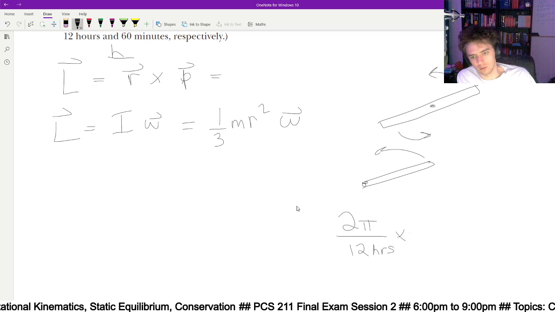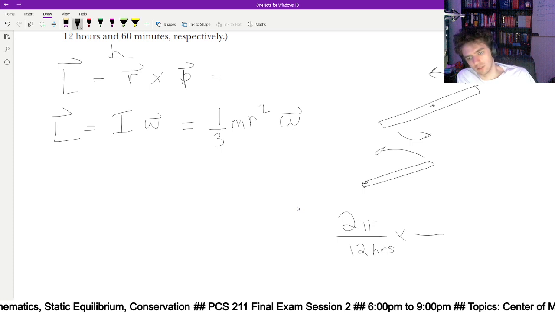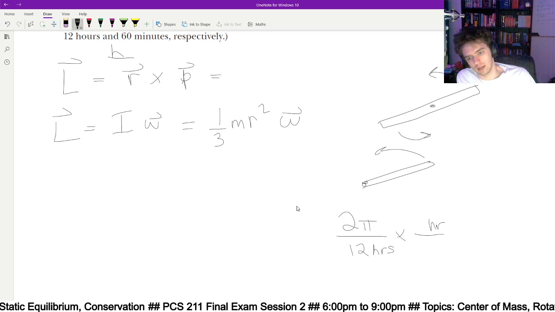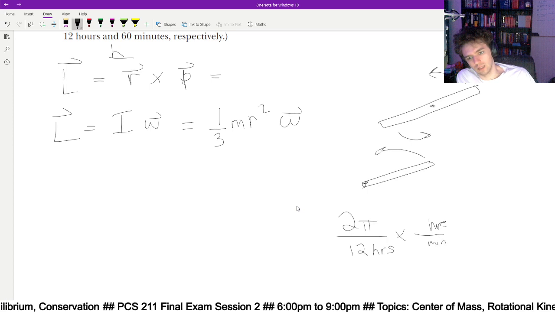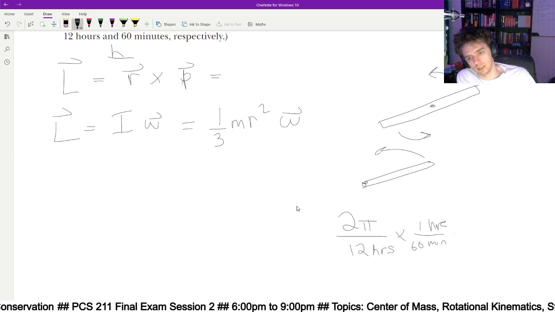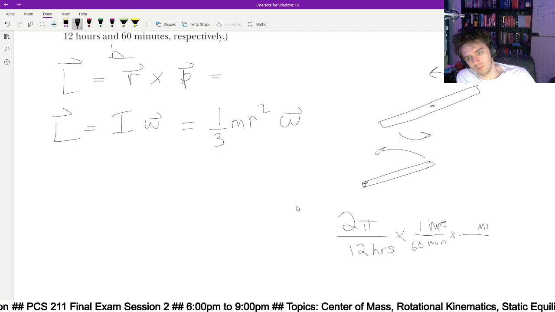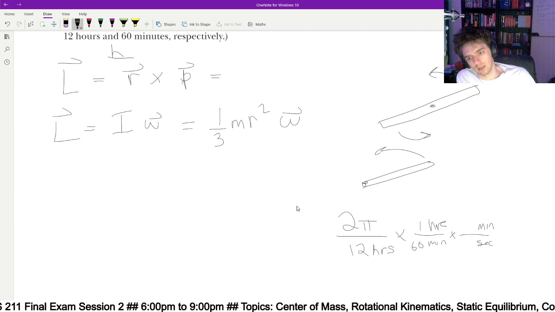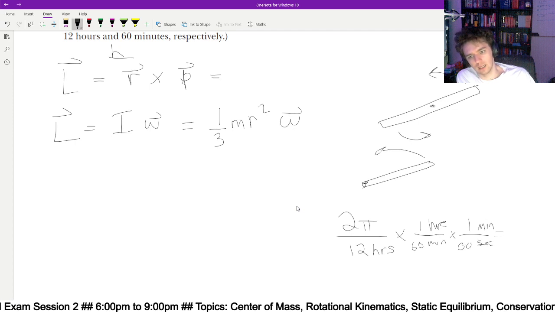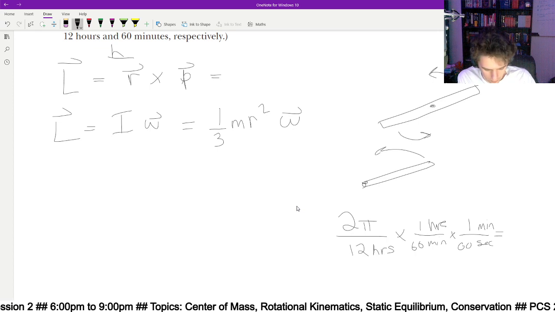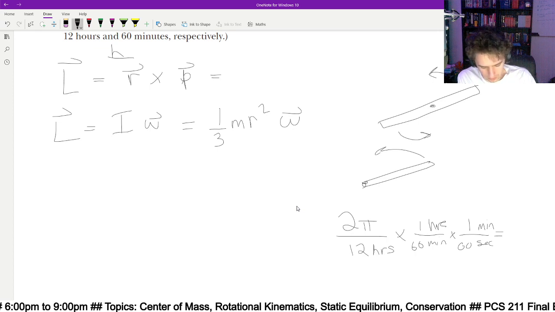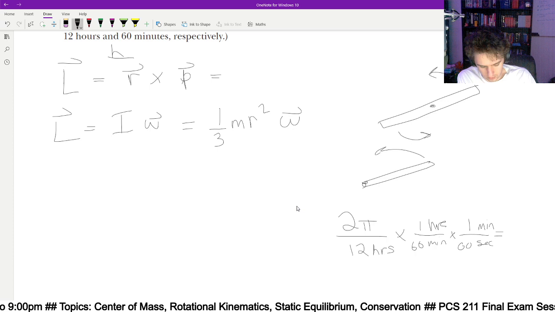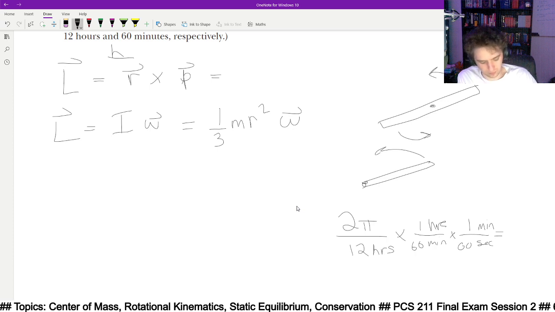Just convert that: in 1 hour there's 60 minutes, and in 1 minute there's 60 seconds. So it's 2 pi over 12 times 60 times 60.